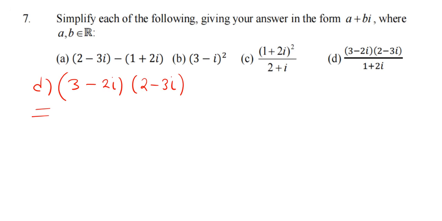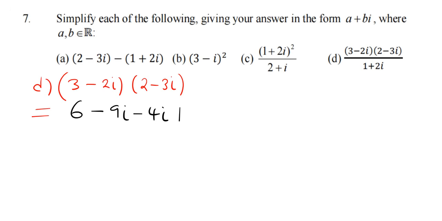So here, we're going to have 3 multiplying with everything in the bracket on the other side. 3 multiplied by 2 will give us a 6. 3 multiplied by negative 3i, we're going to have negative 9i. Then negative 2i multiplied by 2, we're going to have negative 4i. Negative 2i multiplied by negative 3i, 2 multiplied by 3, that is the 6.